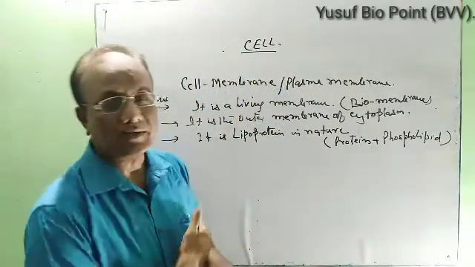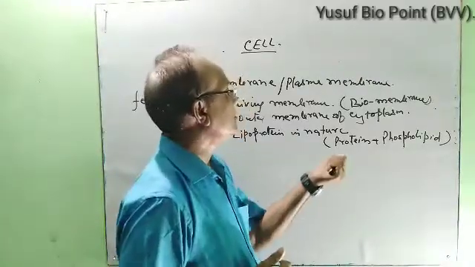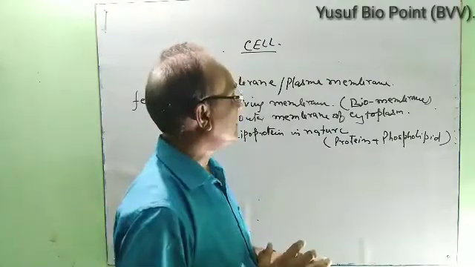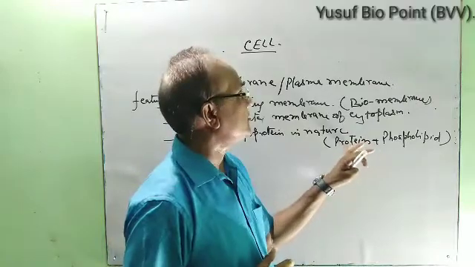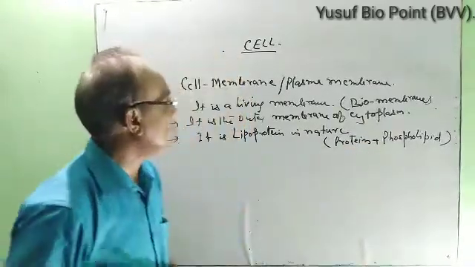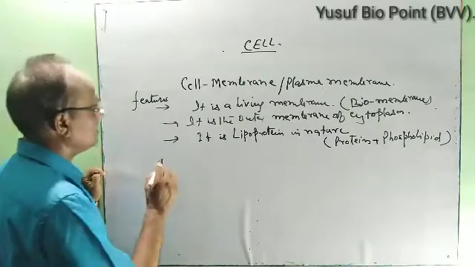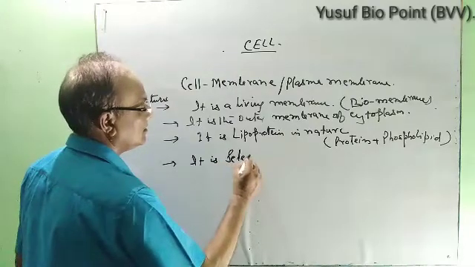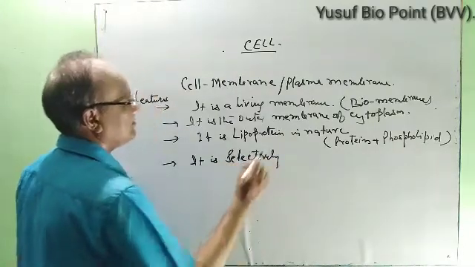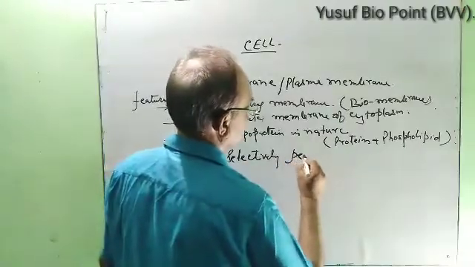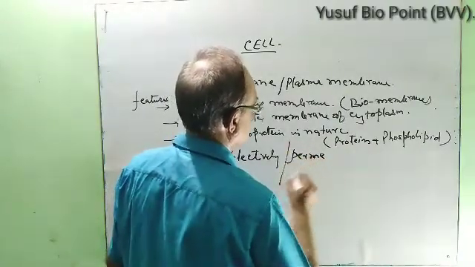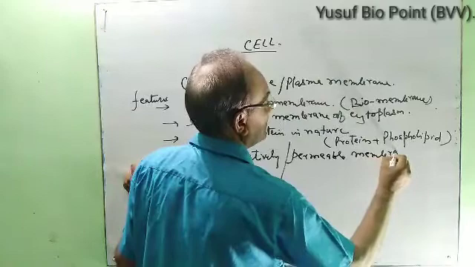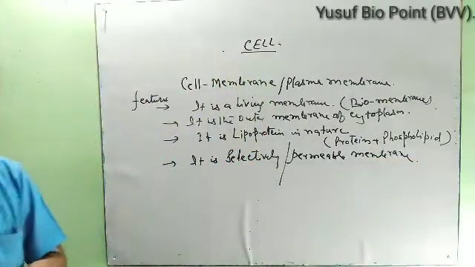Although the quantity of protein and lipids differs in different organisms, in humans 52% protein and 40% lipids are found. So it is lipoprotein in nature, and it is a selectively permeable membrane.